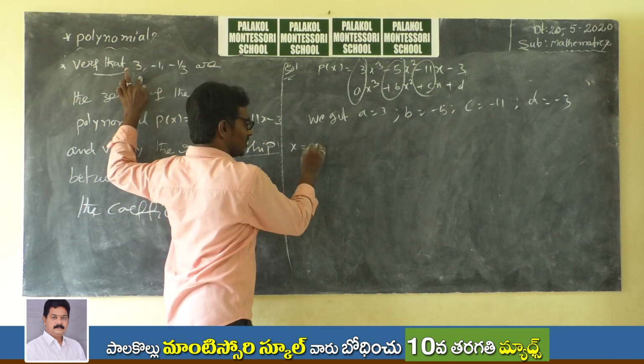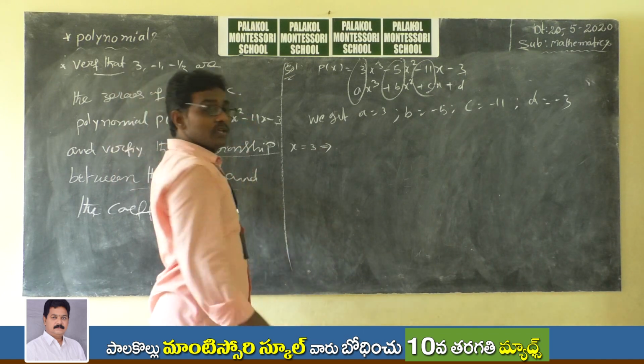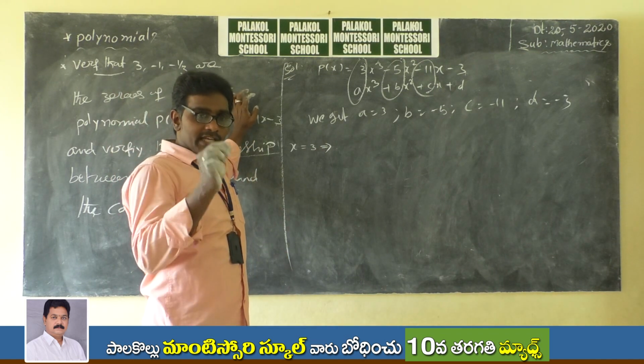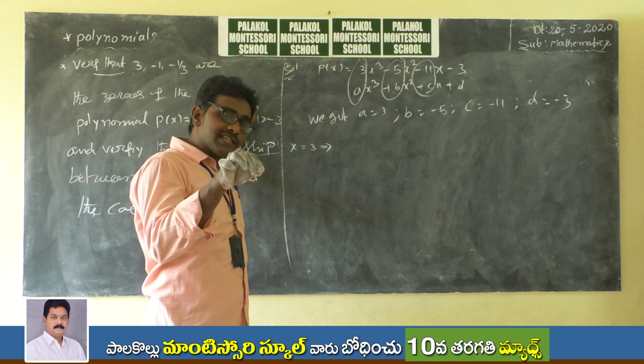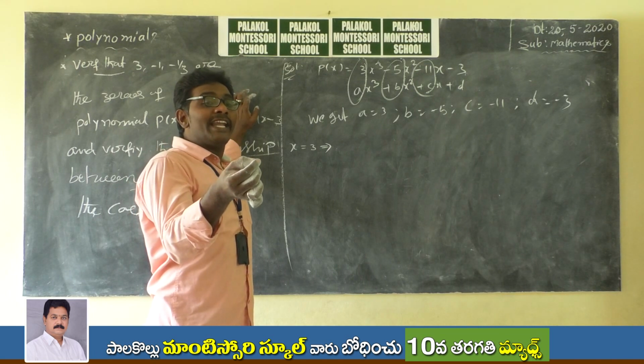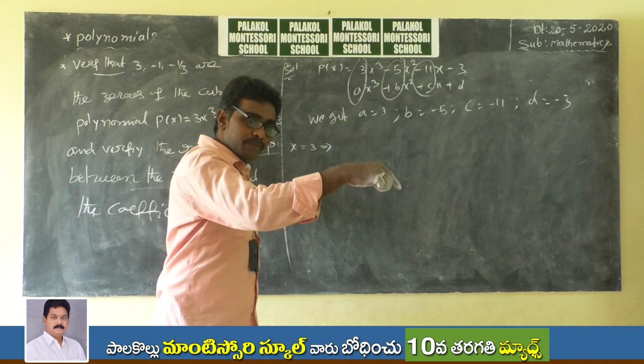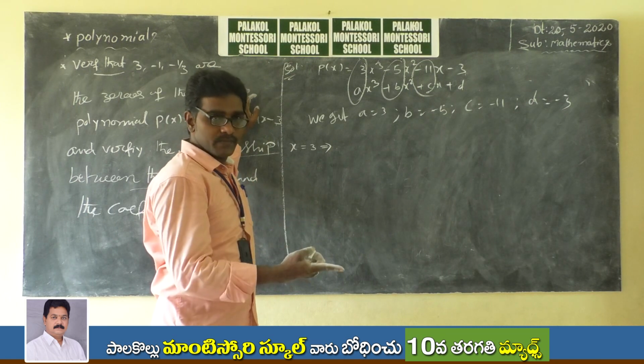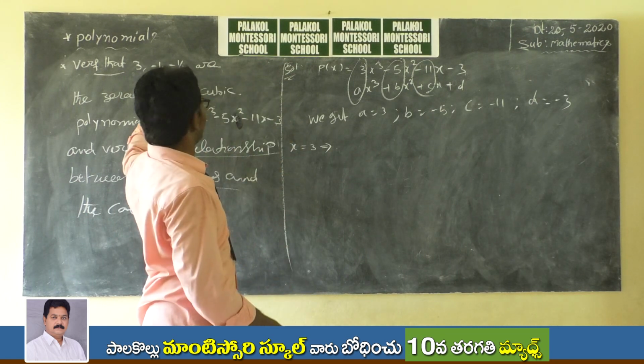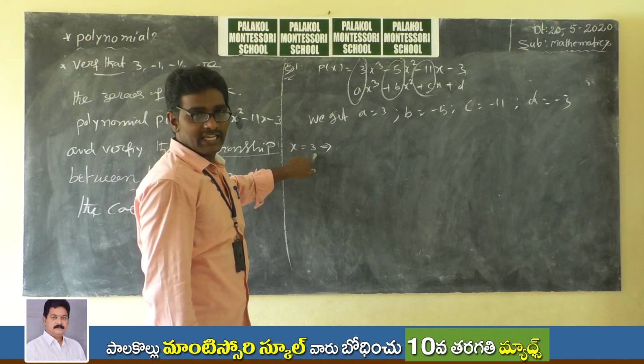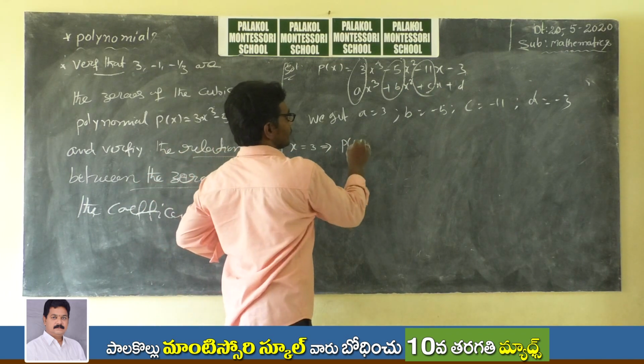Okay, now see, you verify this one. Suppose x is equal to 3. You know, the value of the zeros, you take it in the polynomial in x. You are obtaining k in that x place, you get p of k. That's why the remainder theorem is applied here. X is equal to 3, thus p of 3.